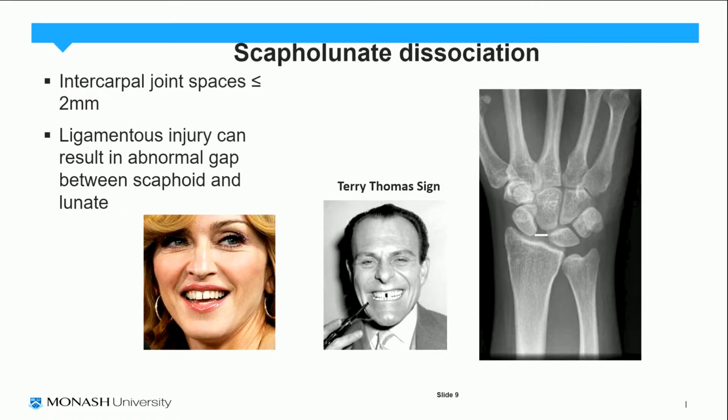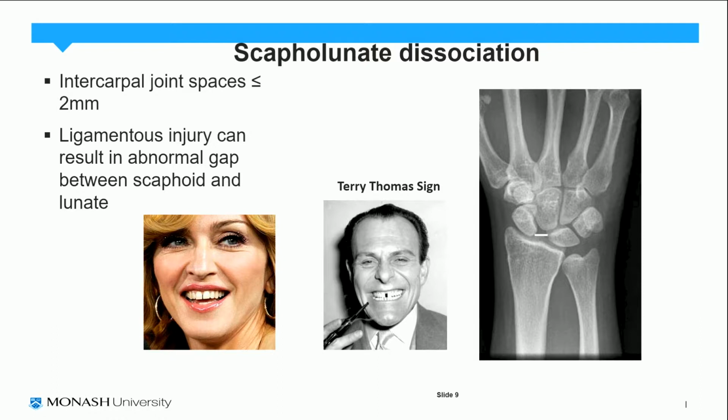However, you also need to look at alignment on the PA view. On the PA view in an adult patient, the joint spaces should be equal to or less than 2 millimeters. Ligamentous injury can result in an abnormal gap, and the gap normally occurs between the scaphoid and the lunate. Now, this is called the Terry-Thomas sign.